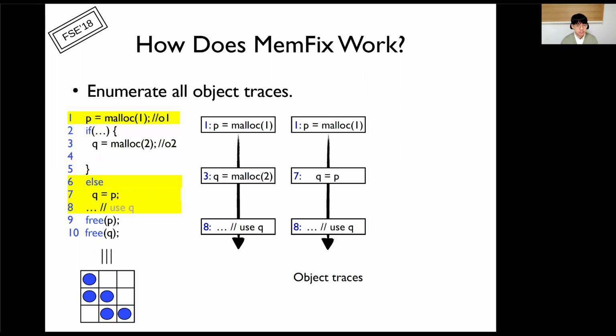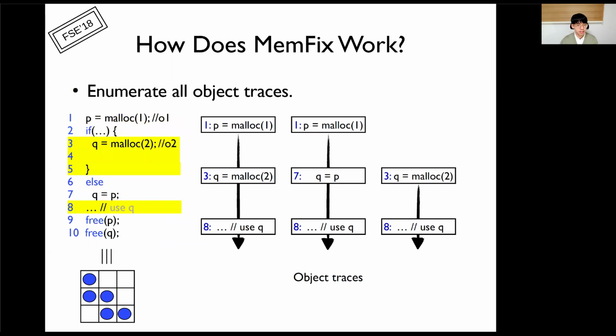And the second one is the trace for the object O1 that follows the false branches, which is along lines 1, 6, 7, and 8. And the last one is the trace for another object O2 along lines 3, 4, 5, and 8. That is, MemFix enumerates three object traces based on the static analysis.